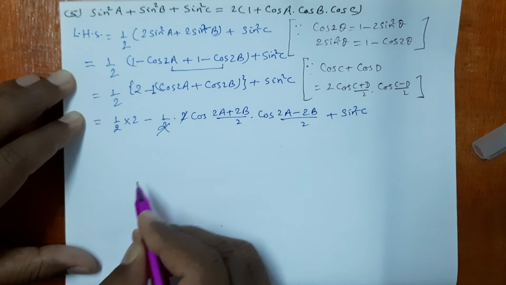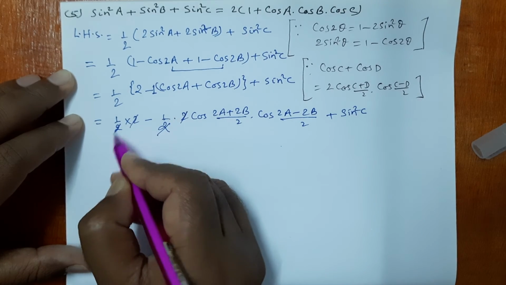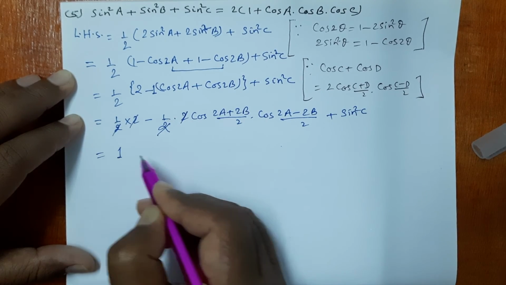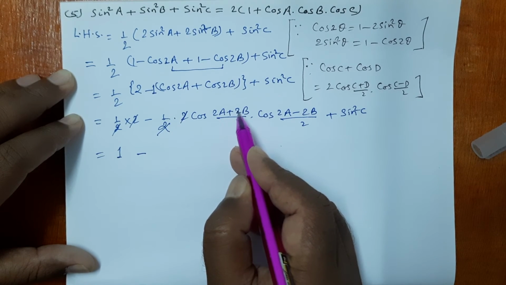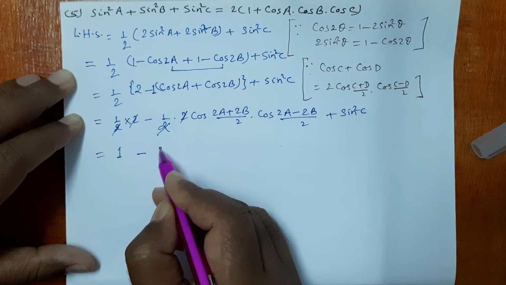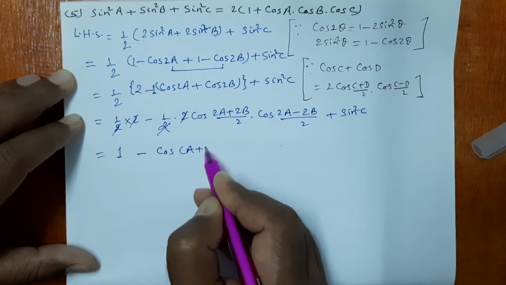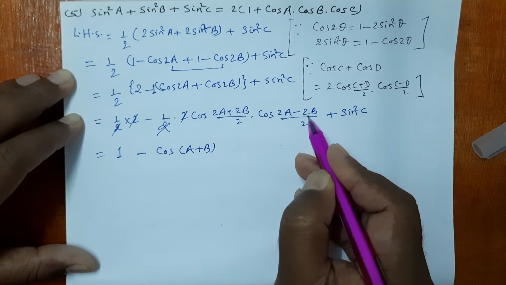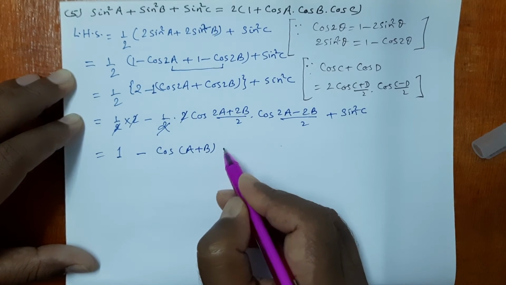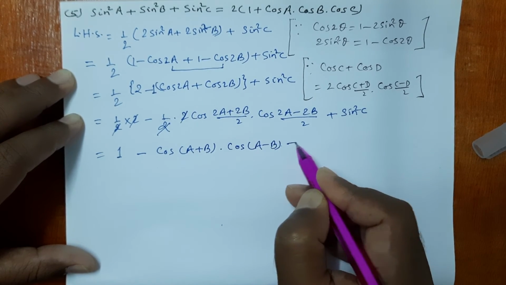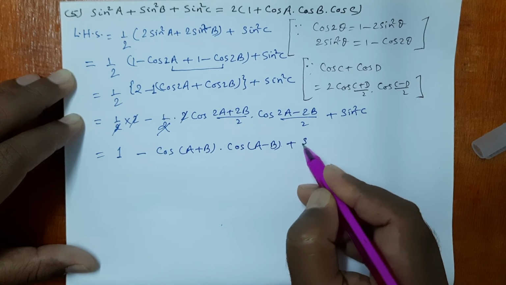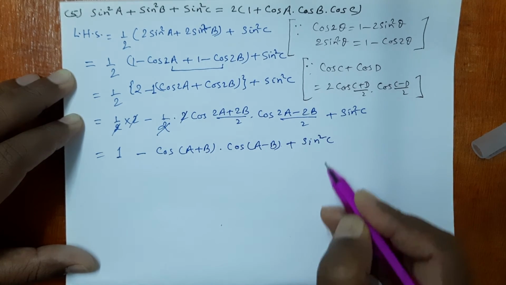Now 2 and 2 can be cancelled, and this 2 and 2 can be cancelled. So here we have 1 minus, here 2 common comes out, that 2 and this 2 will be cancelled. So we can directly write cos A plus B. From this also 2 common comes out, that 2 and this 2 will be cancelled. So we can write cos A minus B plus, here is sine square C.